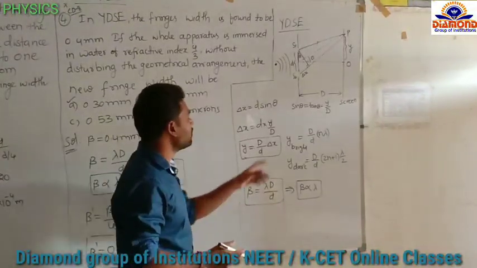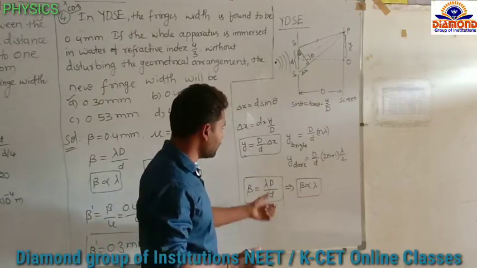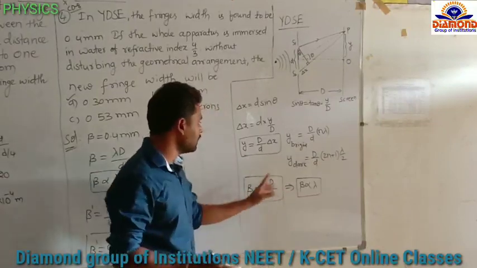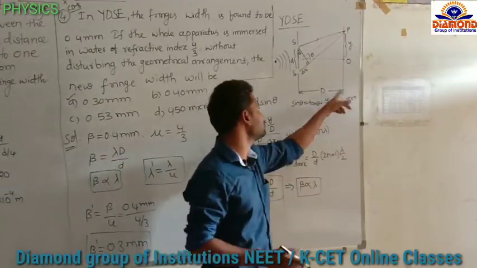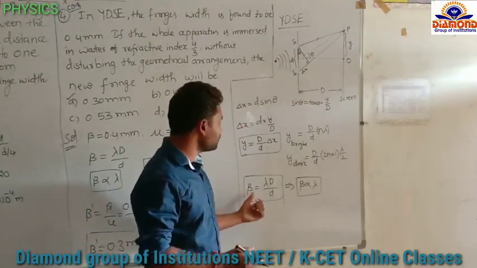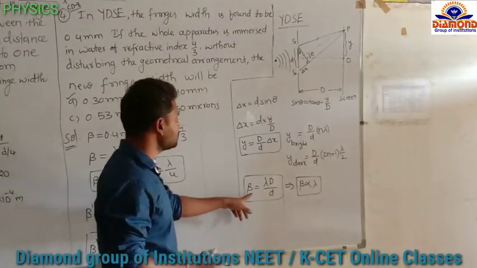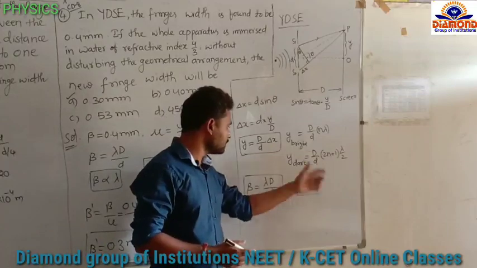And already you know the formula for the fringe width for YDSE. The fringe width formula is beta equal to lambda D by d. Capital D is the distance between the screen and the slits, and small d is the distance between the two slits. Here the fringe width is directly proportional to lambda, the wavelength of the light. Beta is the fringe width and lambda is the wavelength of the light.